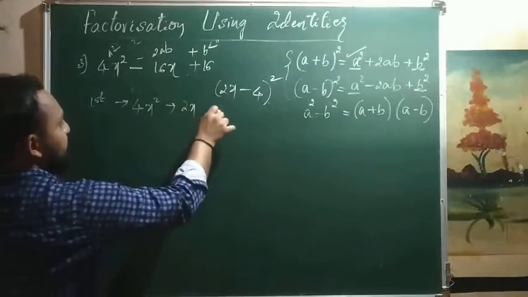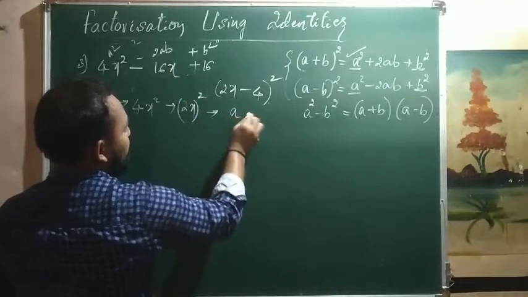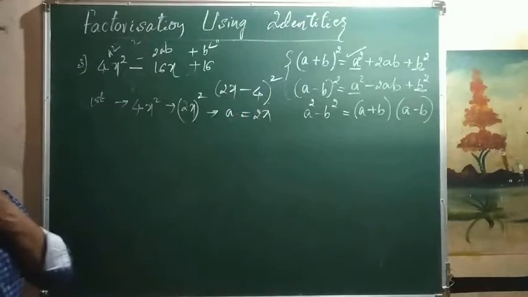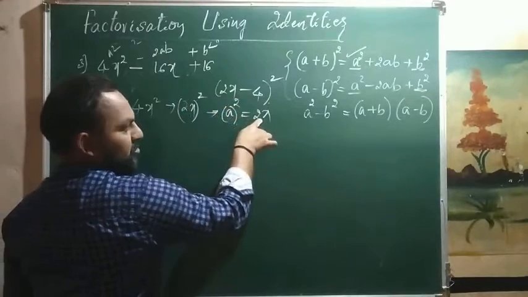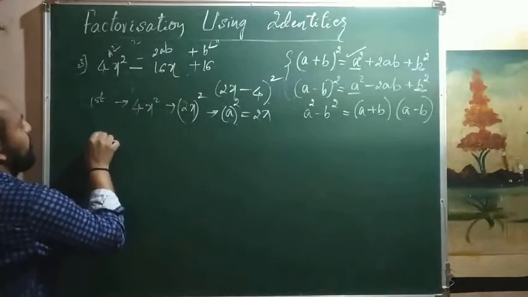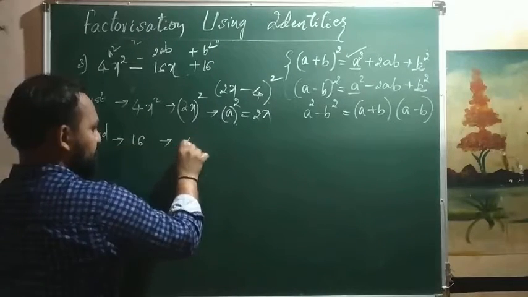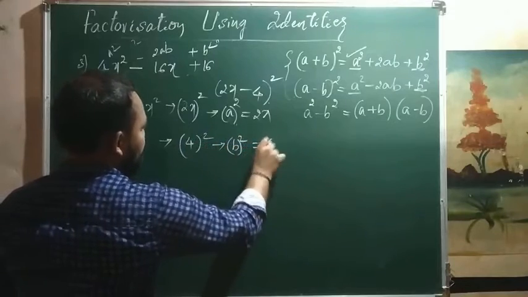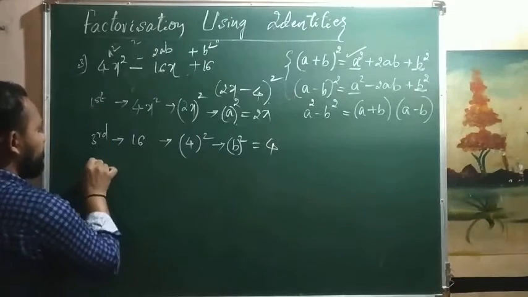Here a is equal to 2x, so a square is 4x square. Next, the third term 16 means 4 square, which is b square. Here the b is 4.